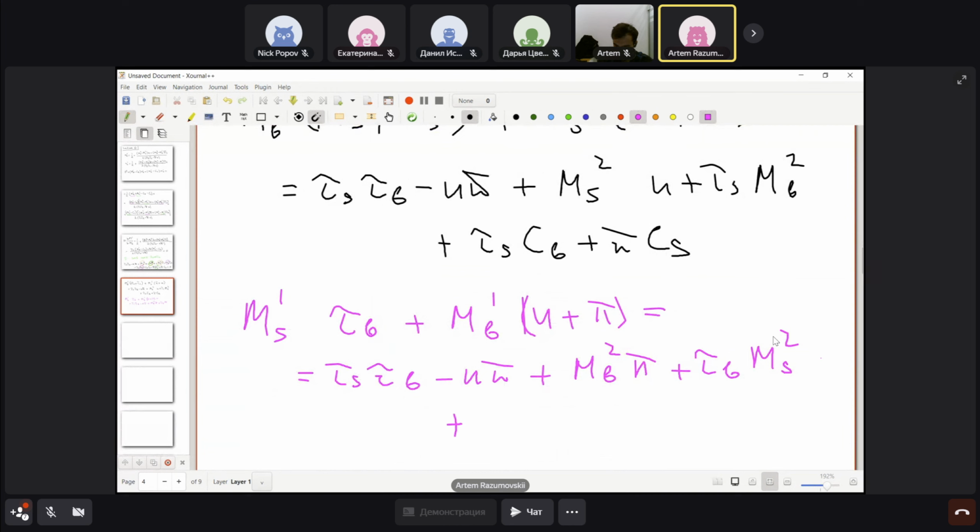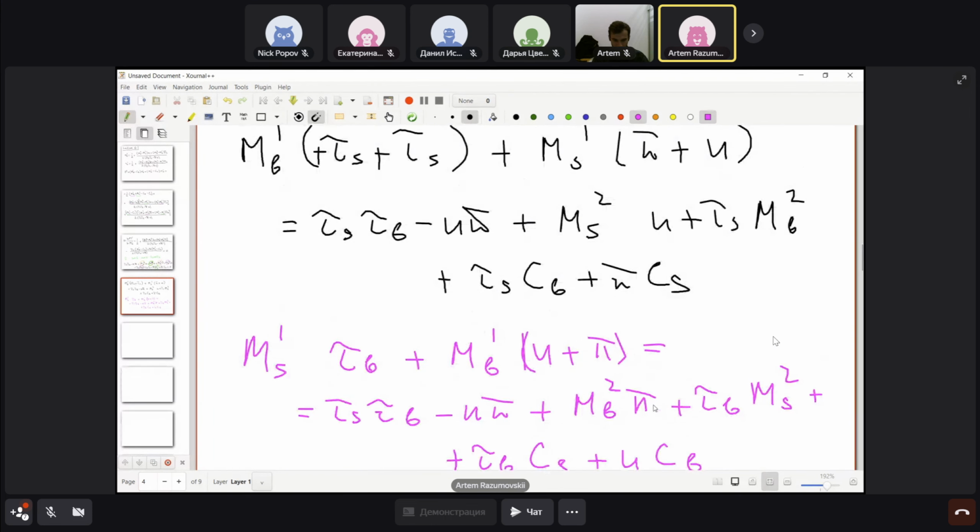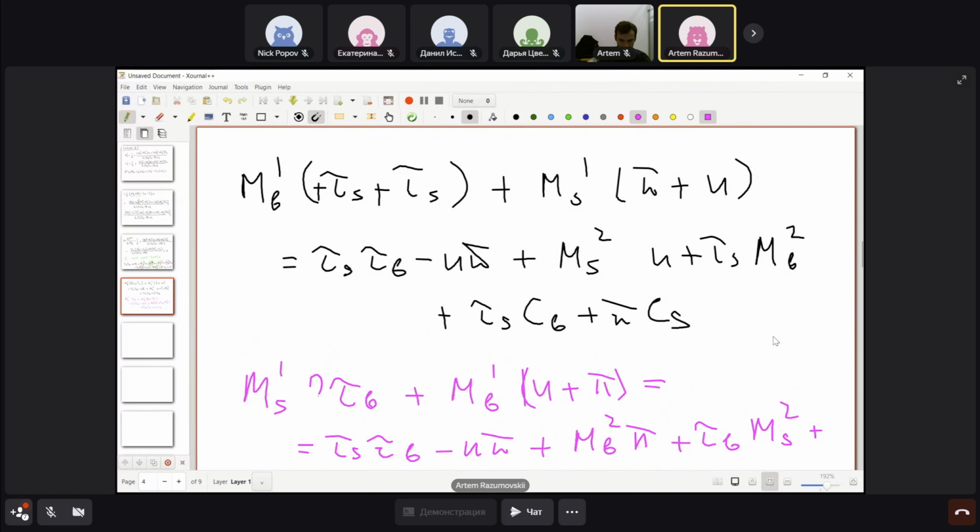Then we need costs tau buyers c sellers plus u c buyers. And then we need to plug one into another. Sorry, I forgot here too.